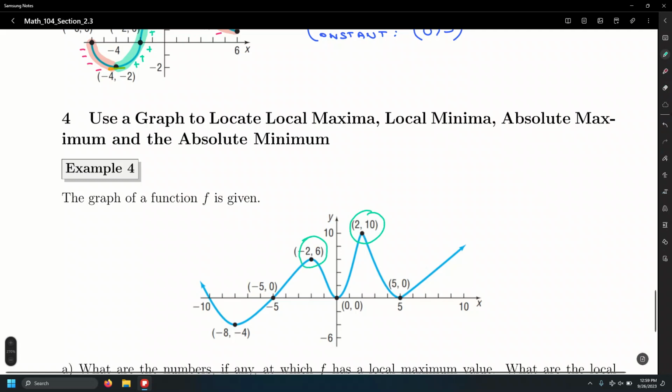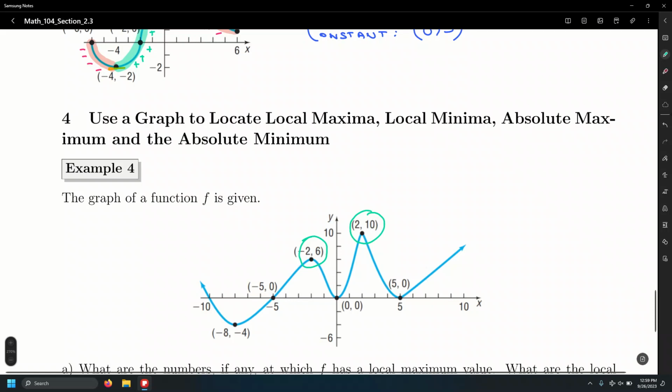However, one of the maximums is larger than the other. Which of these two maximum values is larger? 210. The 210 is more maximum than the other. So the largest of the maximum values is what we call the absolute maximum, and everything else that looks like a maximum is just called a relative maximum.